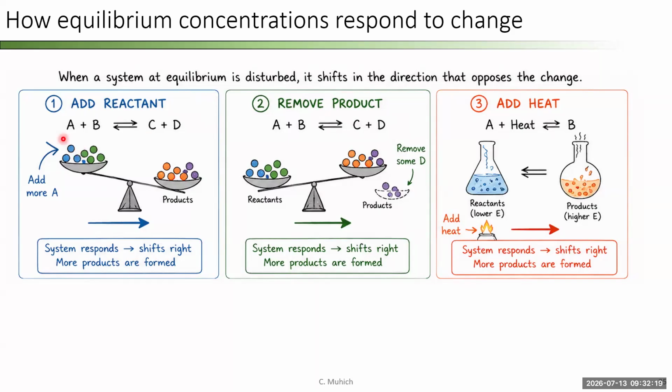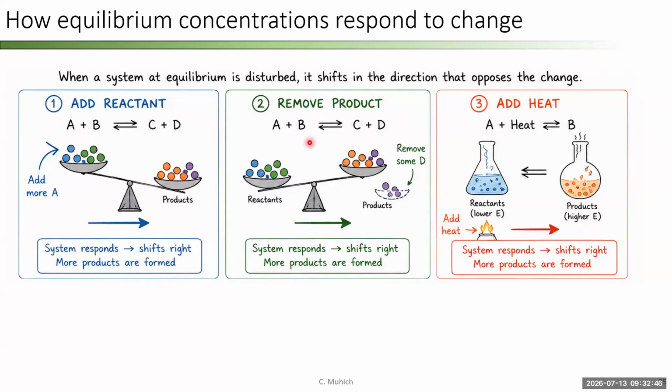So one possibility is to add more reactant. I could add more acetic acid, and if I added acetic acid, it would push the linalool back to linalyl acetate. So if we add A, it's going to push that reaction forward.